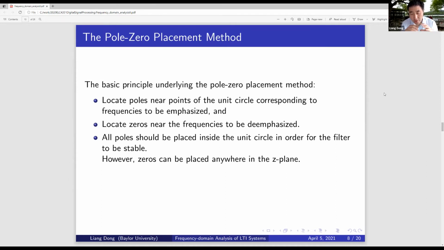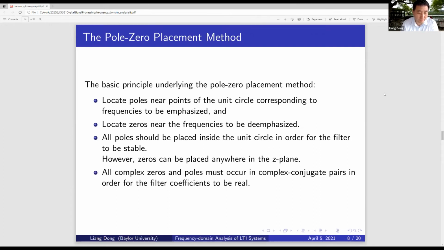It should be close to the unit circle, but the pole has a special character. I want to make sure my system is stable. Therefore, I need to put the poles inside the unit circle. However, zeros can be placed anywhere in the Z-plane. As we said, we'd rather put them on the unit circle, to make them take good effect.